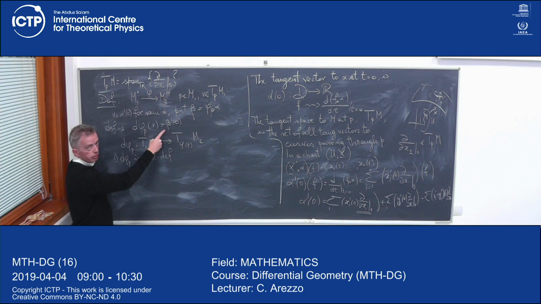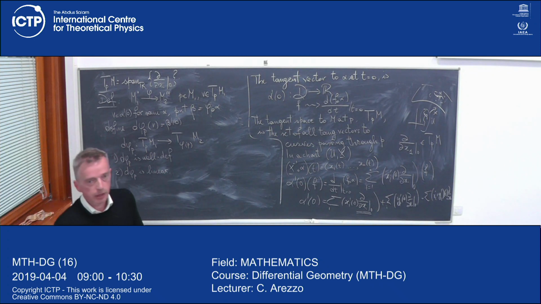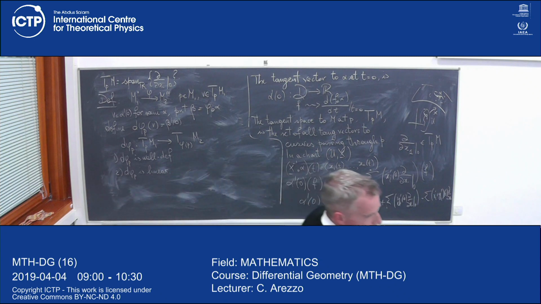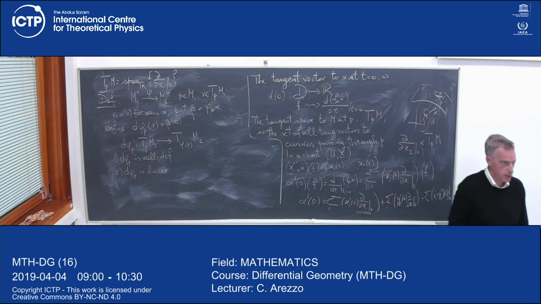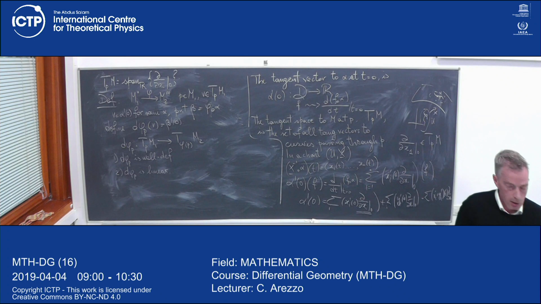Does this change? This means it's well defined. Second, d phi p is linear, because that's what you want. The differential has to be, in your mind, the best linear approximation of any map. If it's not linear, it's a wrong definition, even if the definition is well posed.